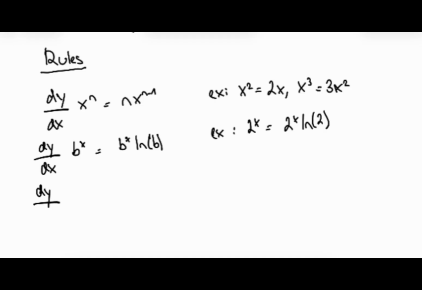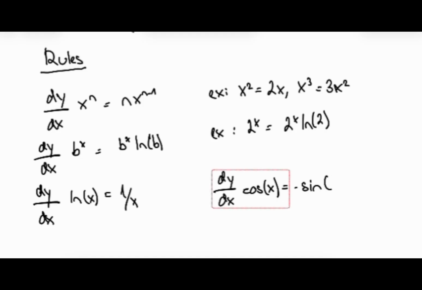Another rule: the derivative of the natural logarithm of x is 1 divided by x. And some trigonometric rules: the derivative of cosine x is minus sine x, and the derivative of sine x is cosine x.